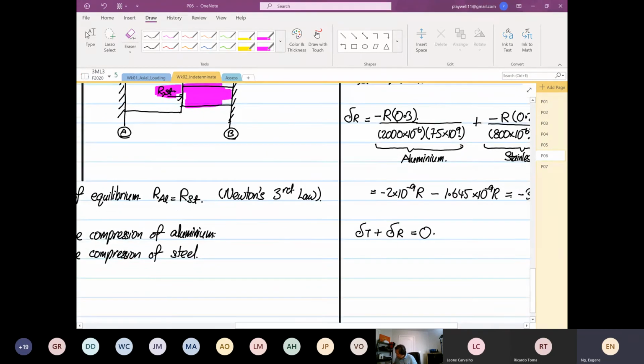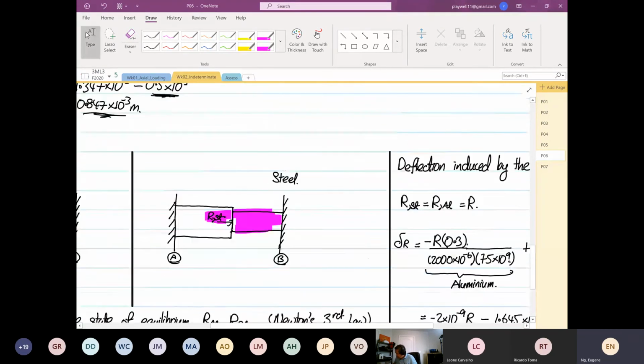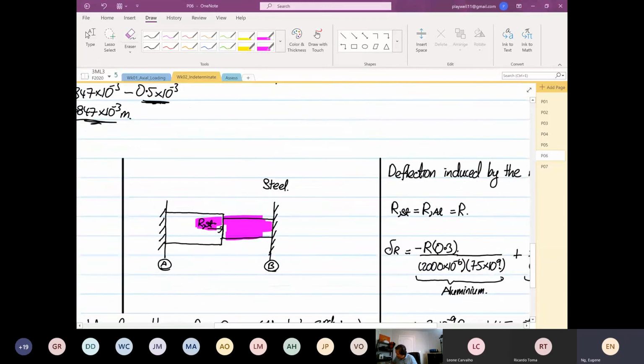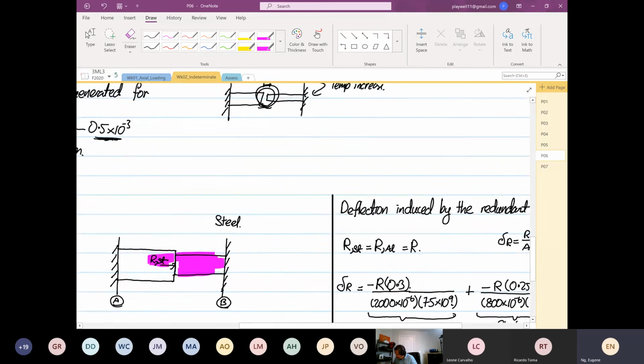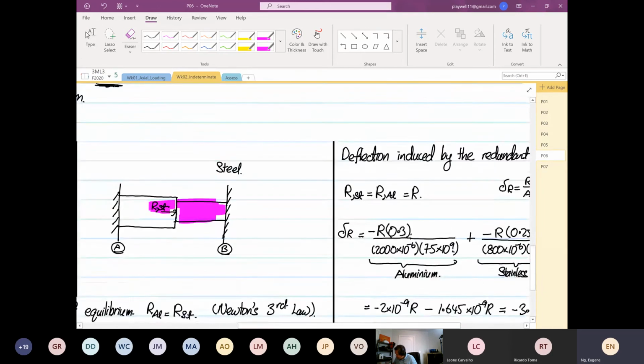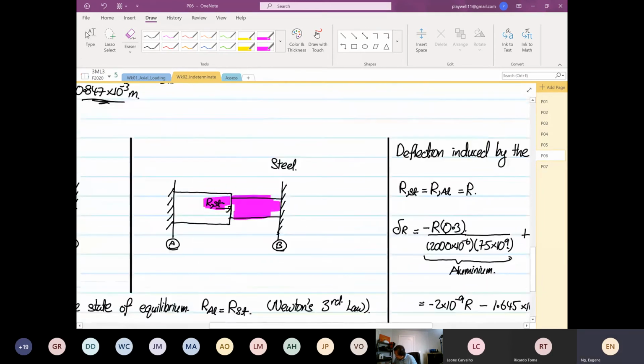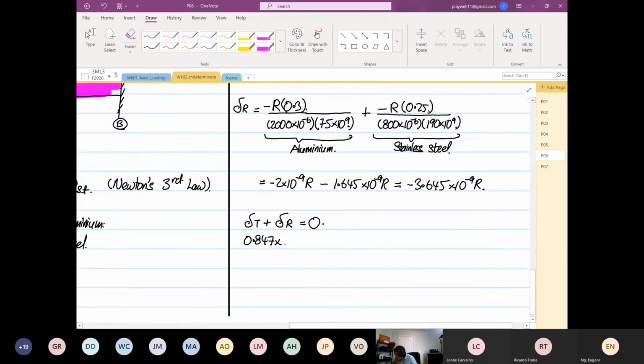Okay, so the deflection due to temperature is 0.847 times 10 to the power minus 3. Then plus delta R is equal to minus 3.645 times 10 to the power minus 9 R. So the whole thing equals 0.